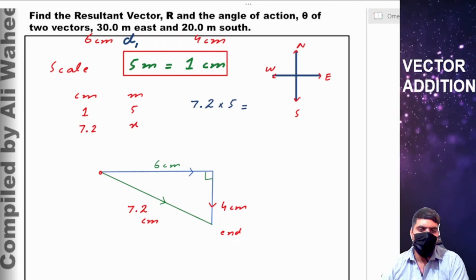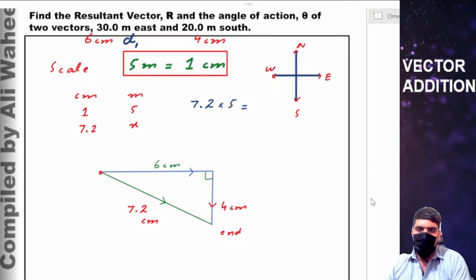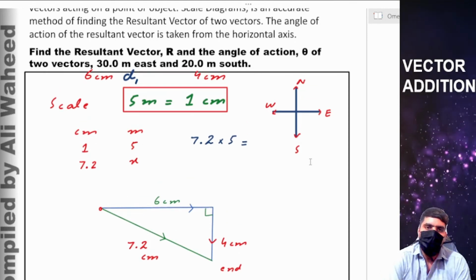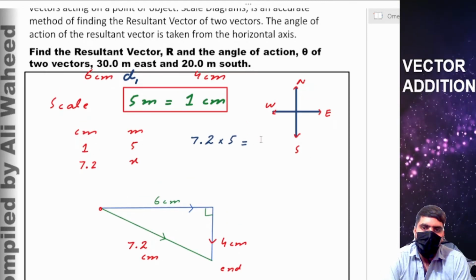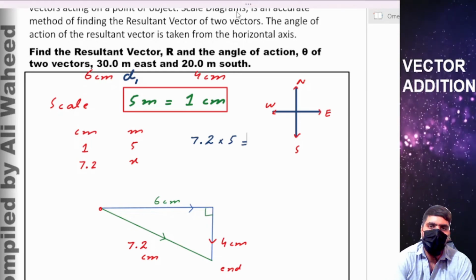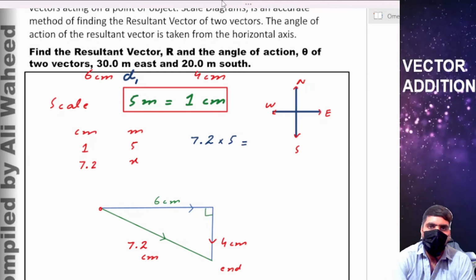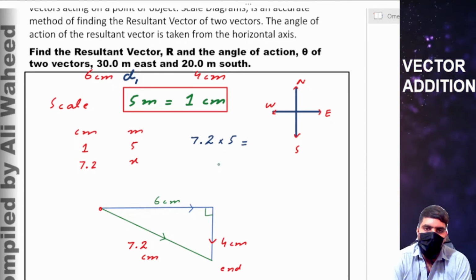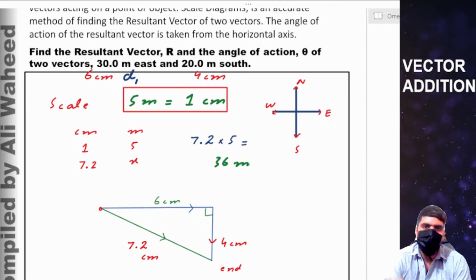So I hit it on the calculator. 7.2 times 5. It is 36. So what I get is 36 meters.